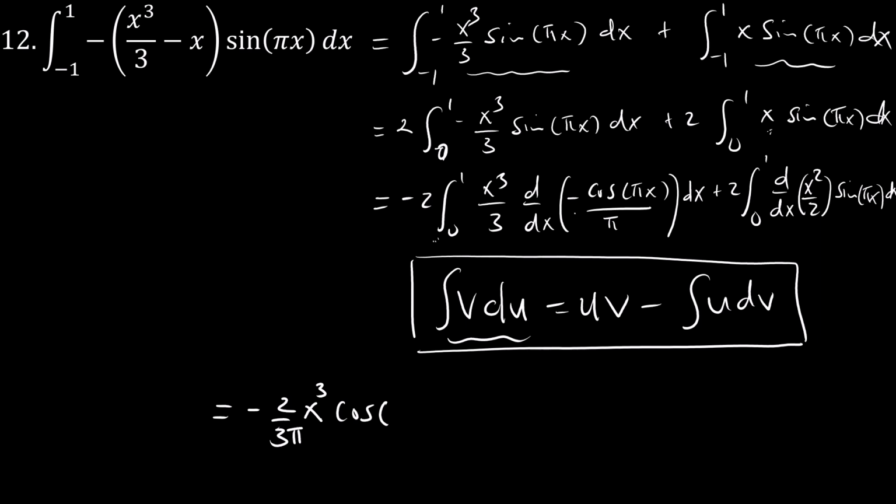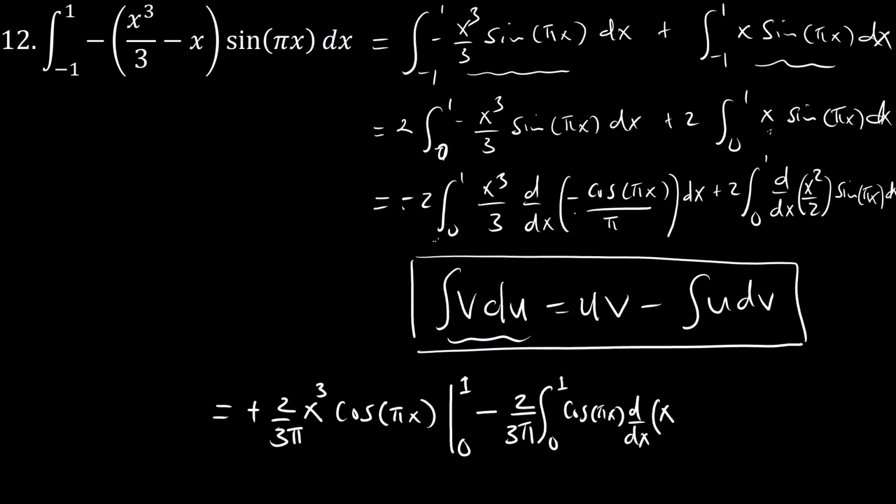Now this negative here also interacts with this, so we have positive pi x from 0 to 1, minus 2 over 3 pi, integral from 0 to 1 of cosine of pi x times the derivative of x cubed.